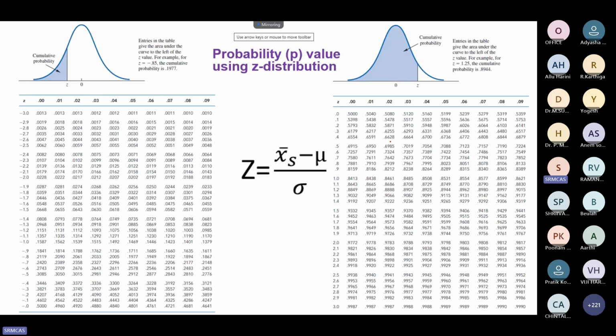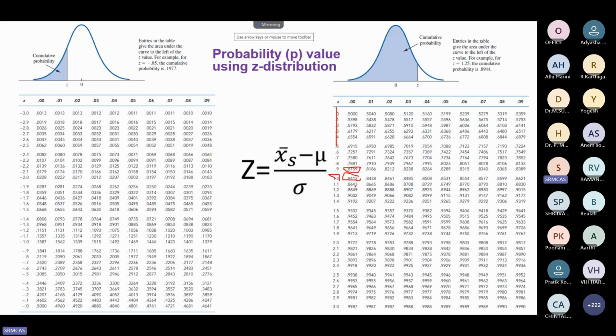By looking at the estimated z value and its decimal, we can locate the probability of the location of a particular estimated value. For example, if the z value is 1, then we can say it is 84% probability.